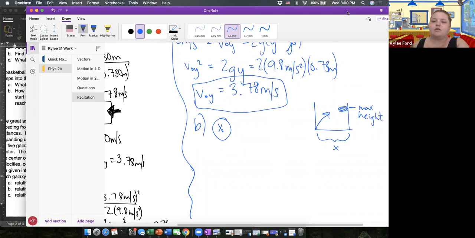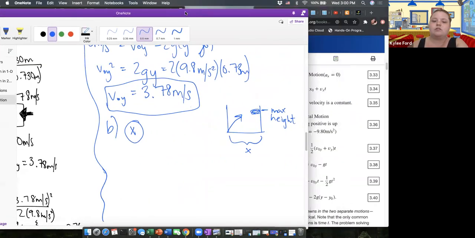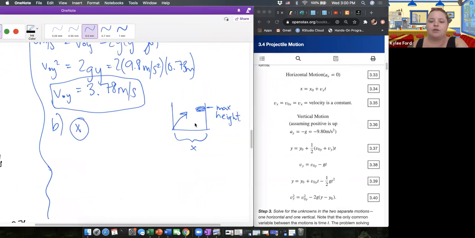I'm going to go over here and look at my equations again. We have my V naught Y, and we have Vy, which is going to be 0 at our maximum height, right? Our Vy is going to be 0 here.